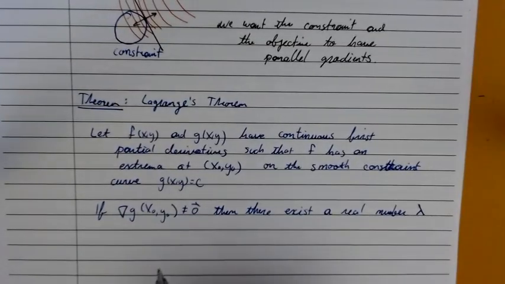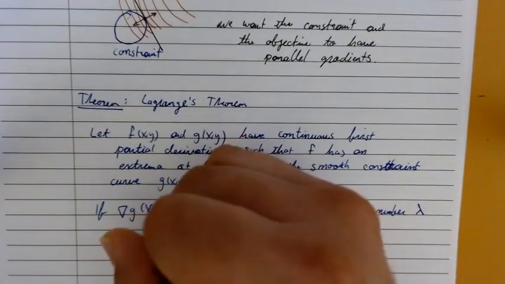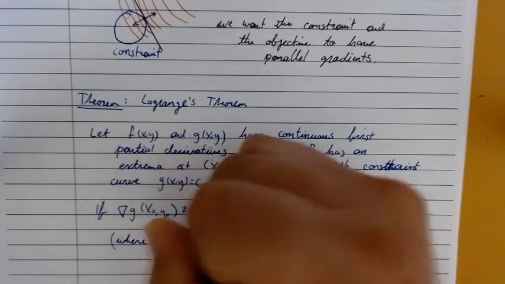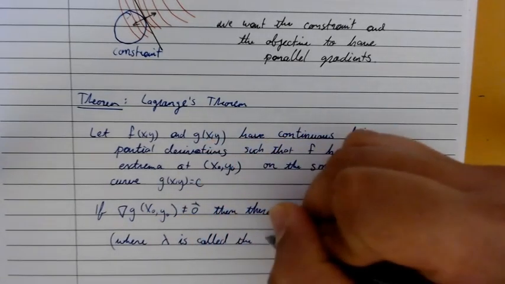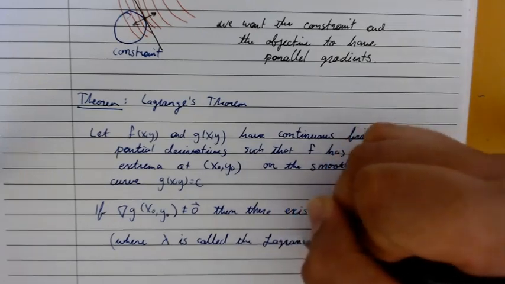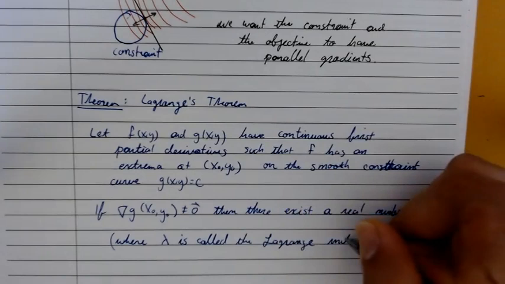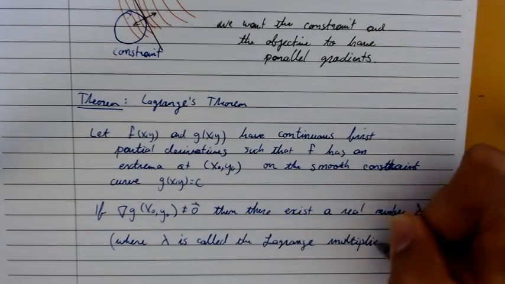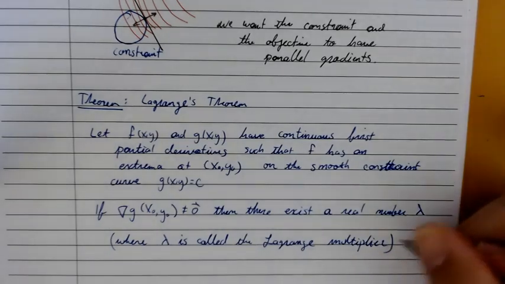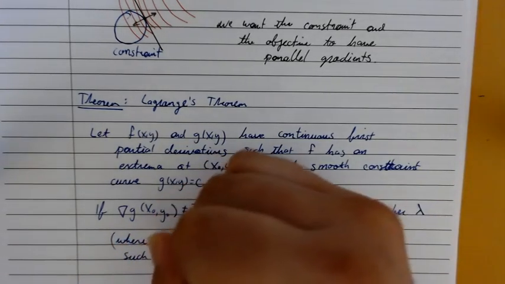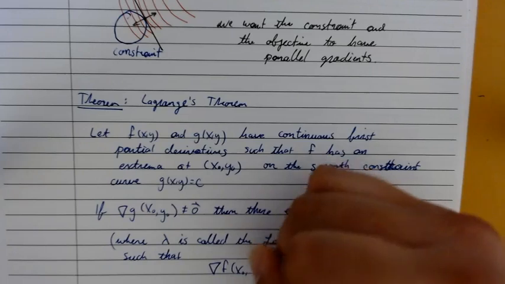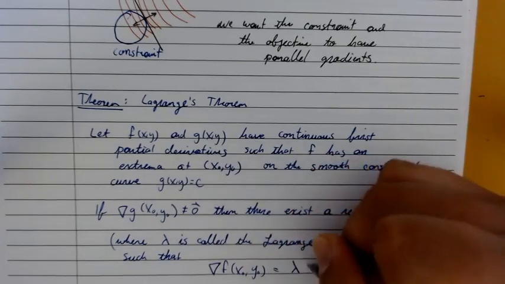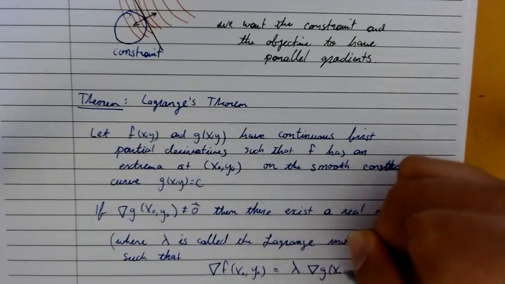There exists a real number lambda, which here we call the Lagrange multiplier, such that the gradient of f at x naught comma y naught is equal to lambda times the gradient of g at x naught comma y naught.